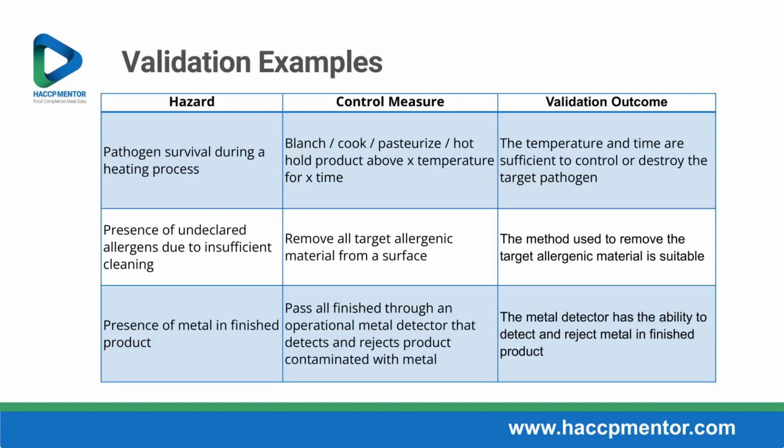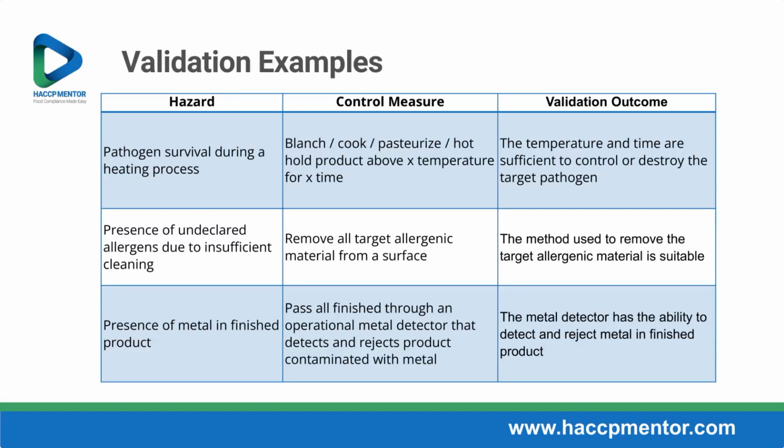Whenever you write your hazards, try and make sure that you include the cause of the hazard, because that's going to dictate what your control measure is. For example, if you said glass contamination from shattered overhead lights, the way you control that particular glass hazard will be very different to the way that you control glass if you were packaging into glass jars or something like that.